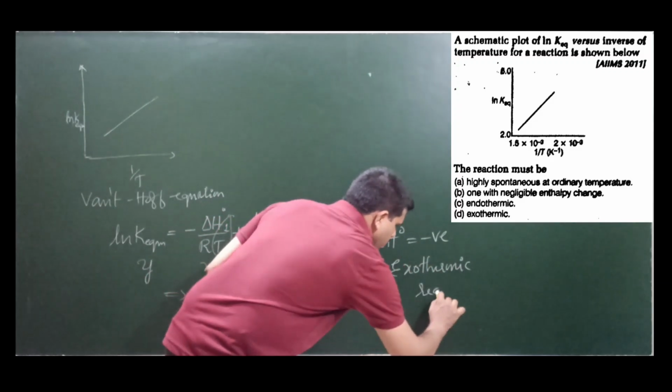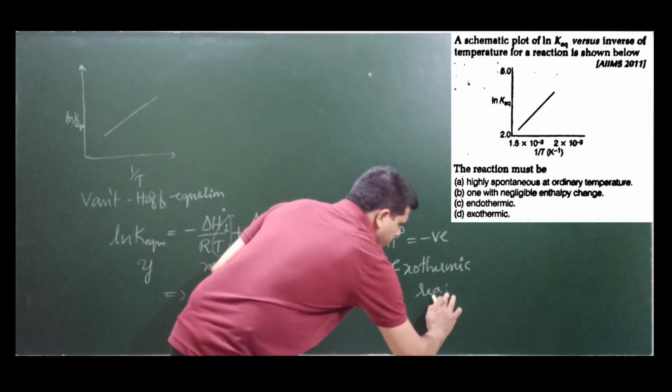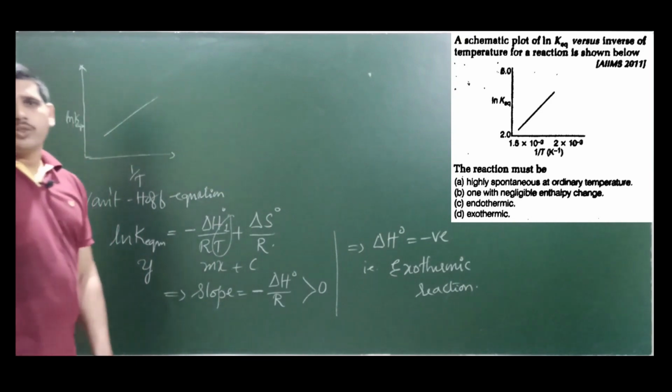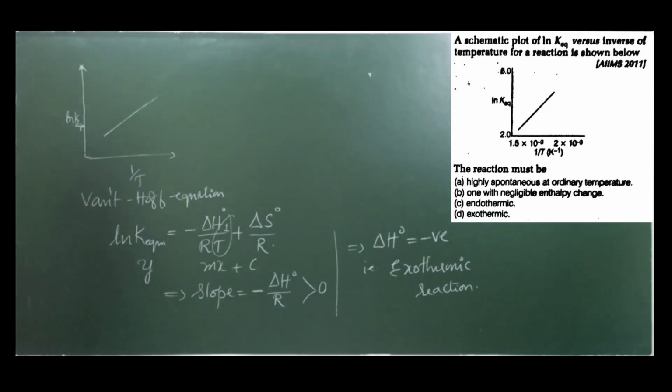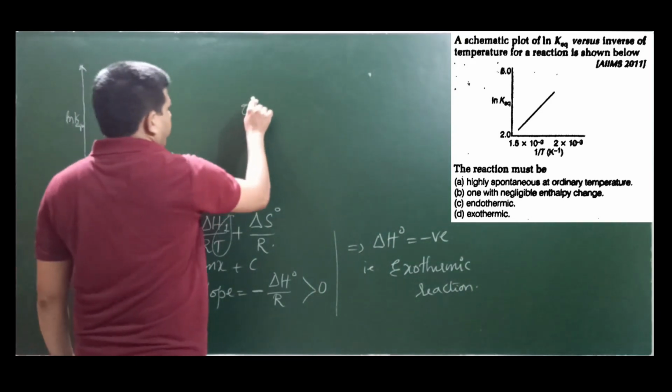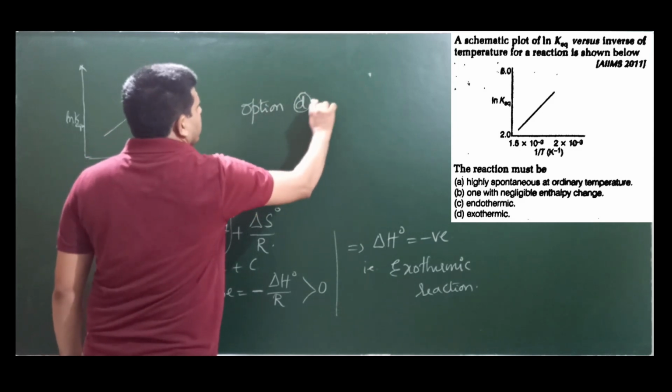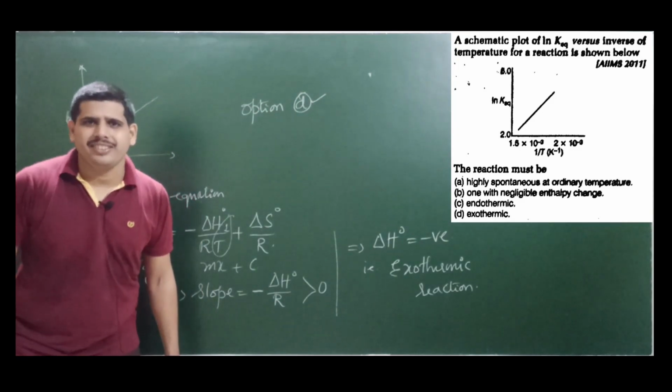So this must be the condition. Fine. So which is that option, dear students? Yes, it is option D, exothermic. Option D is the right choice here. That's all.